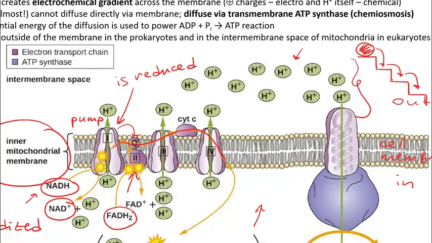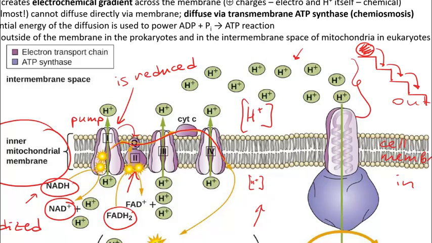On top, it's bigger, right? So we have a big hydrogen concentration here and a small hydrogen concentration here. So we have a chemical gradient. Would you agree with me? What about charges? The top is what, compared to the bottom? More positive. So we also have a gradient of charges.